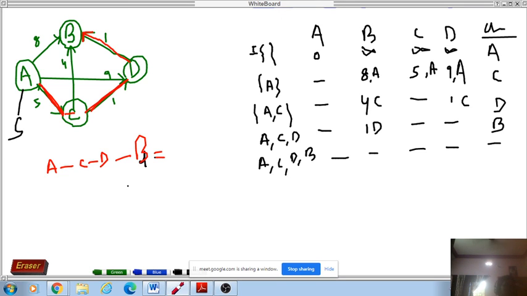It is 7. So this is the shortest path as follows: A to C, then C to D, then D to B. Are you understanding or not? That is equal to 7.